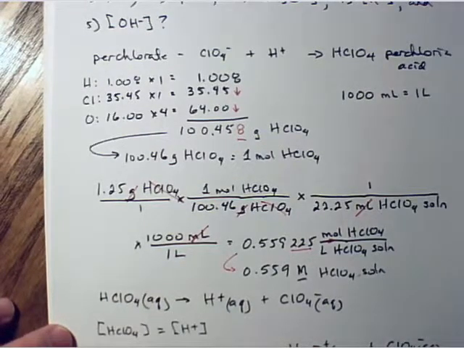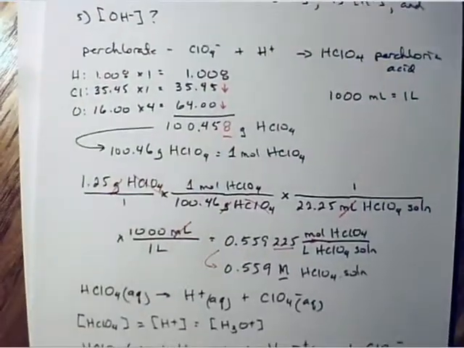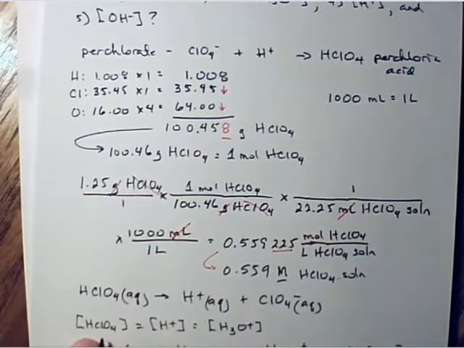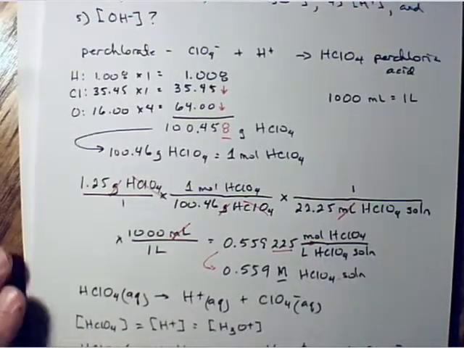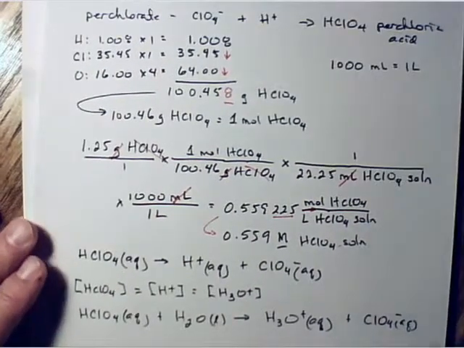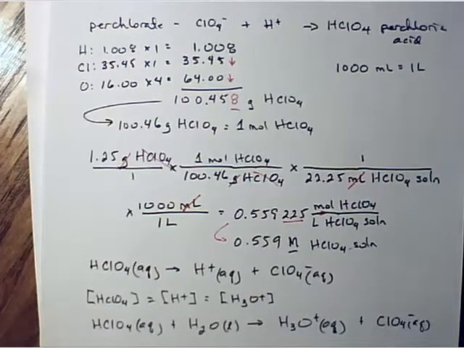So if I have 1 mole of this, I got 1 mole of that, and therefore the molar concentration of this is also the molar concentration of the hydronium ion. So 2 answers we have already. We have this one and this one already because, and only because, this stuff is strong and monoprotic. But the only problems we have would be like that, right? Yeah, you don't have the math to do anything else at this point in time.